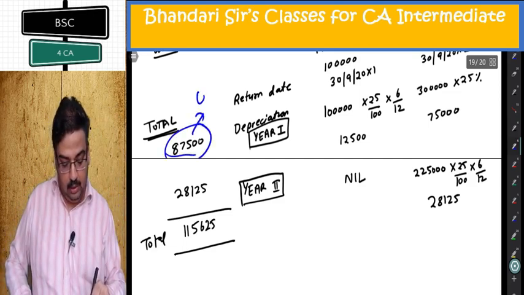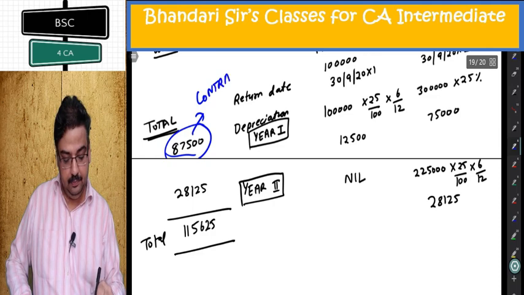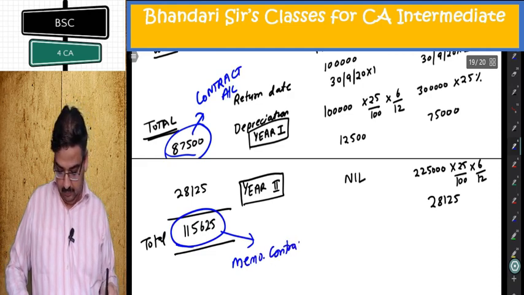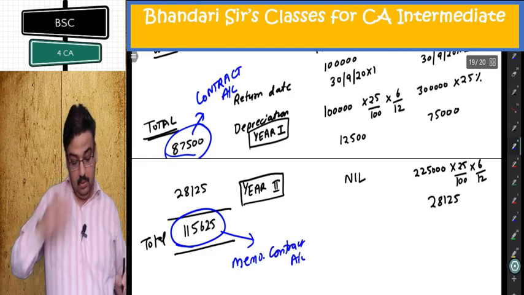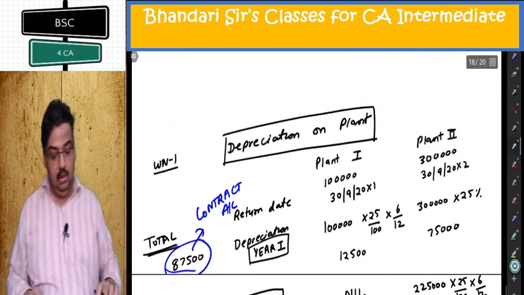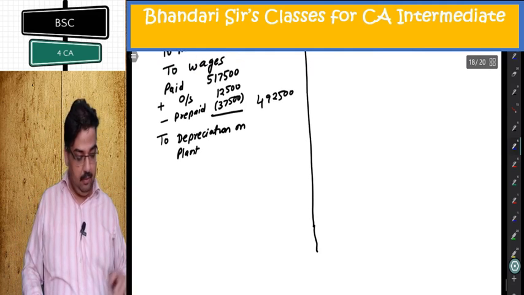Now important thing is this will go to contract account and aggregate will go to memorandum contract account. So contract account is 87,500. Let's get back to the contract account. 87,500.